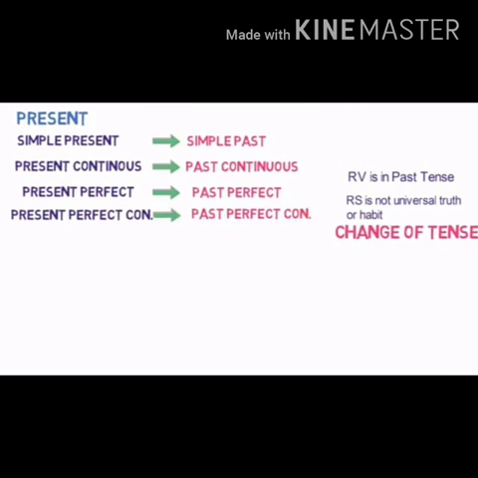Now the fifth one is change of tense. It will happen when the reporting verb is in past tense and the reported speech is not a universal truth or habit. Here is the chart where you can easily understand. Simple present changes into simple past, present continuous changes into past continuous, present perfect changes into past perfect, present perfect continuous changes into past perfect continuous.